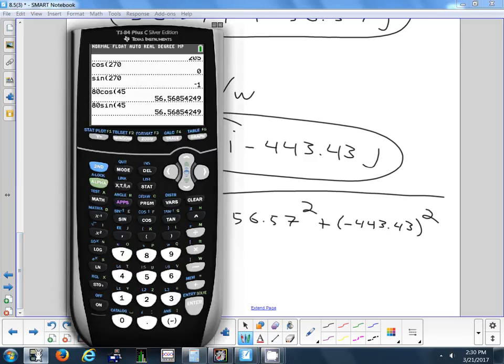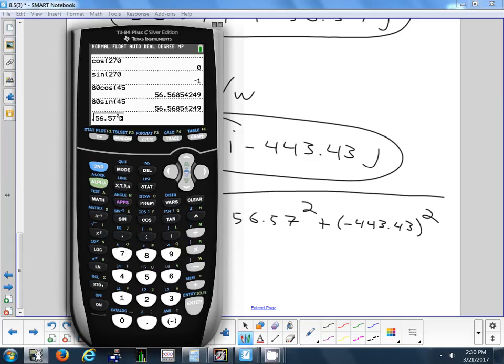I'm just going to type it in all in one step and see how fast the plane is going. So 56.57 squared plus, it doesn't matter if I put the negative in because it's going to cancel out anyway, 443.43 squared. And do we expect the plane to be going faster than 500 or slower? Slower, because the jet stream is not helping it.